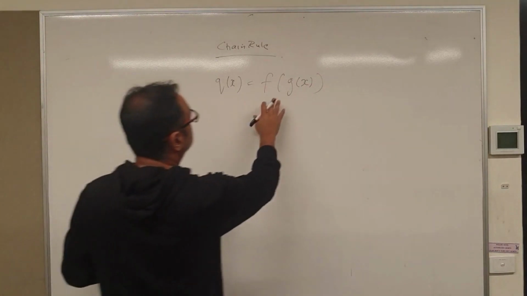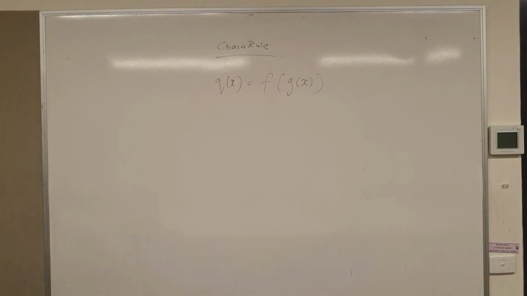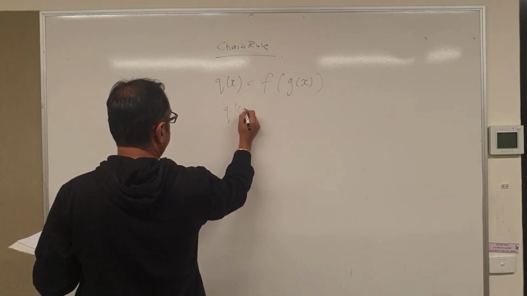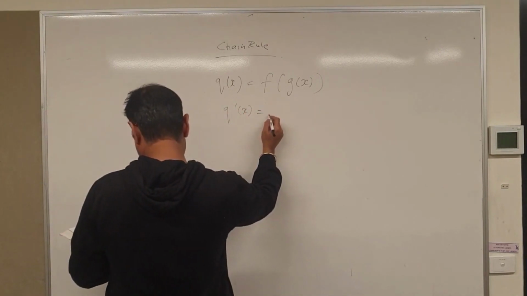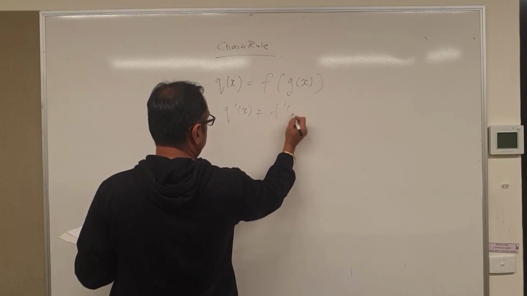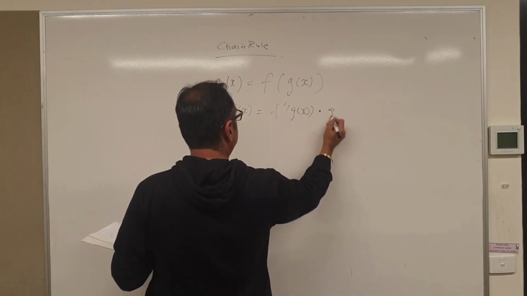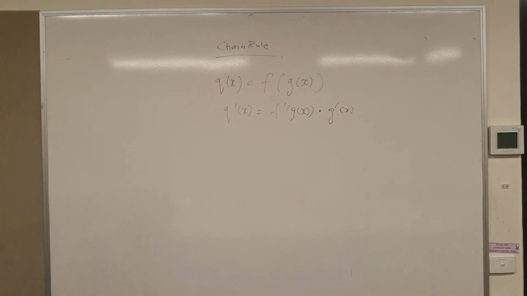Yeah, correct. Then your derivative is f dash g of x times g dash x. That is chain rule. That's it.